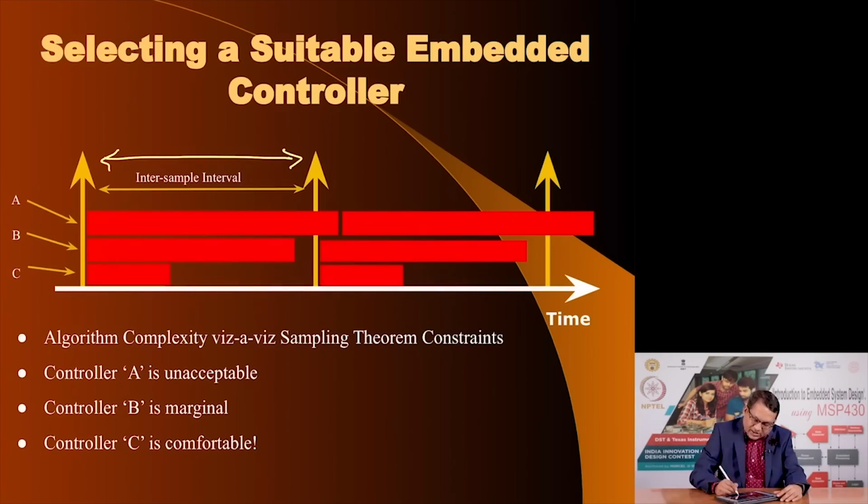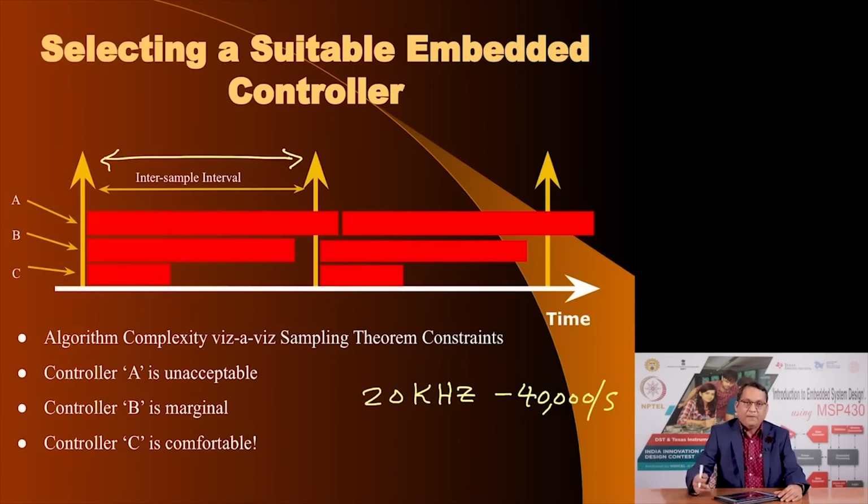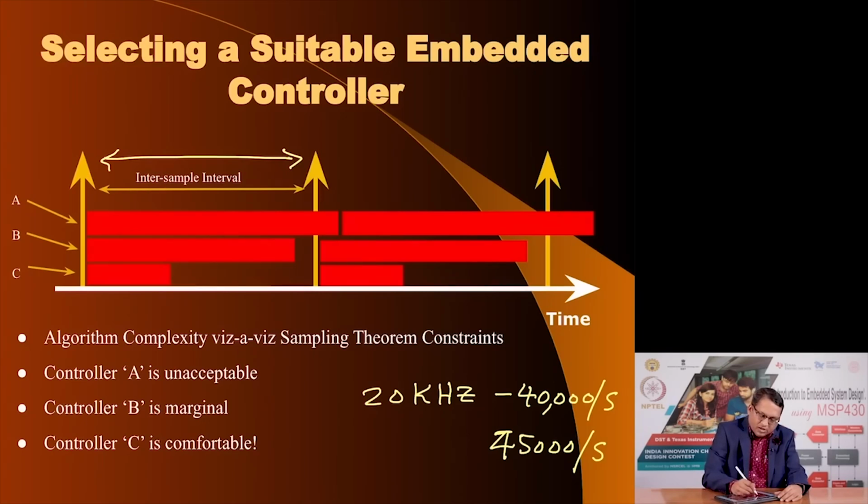So a signal which has a maximum frequency component of 20 kilohertz must be sampled at 40,000 times per second at least, and so you would sample it probably at 45,000 samples per second, which means the time between two samples is going to be less than, I would say, about 20 microseconds.